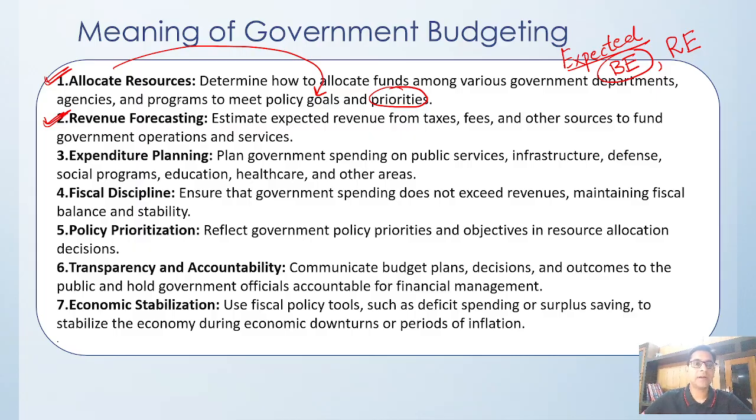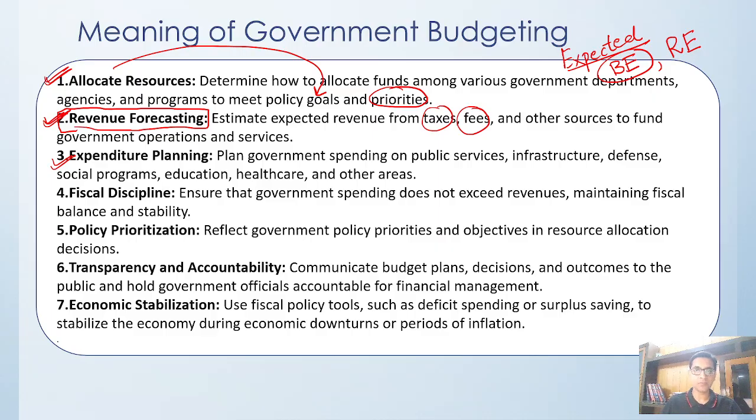Government also does revenue forecasting, that is, what amount of money the government is going to get in that year from taxes, fees and various other sources. Then expenditure planning: government also makes a plan of how it is going to spend the money.